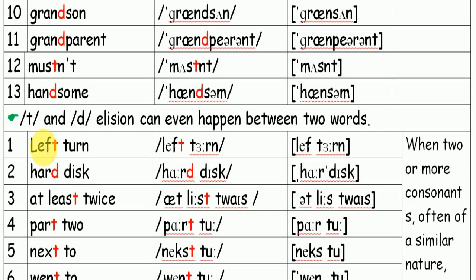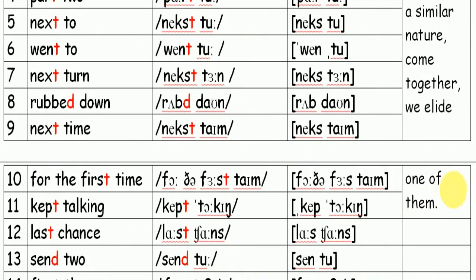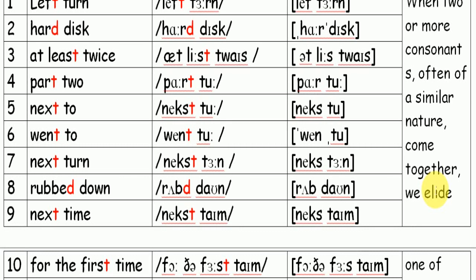Now, instead of saying left turn, we say left turn. When two or more consonants of a similar nature come together, we elide one of them just to simplify the pronunciation.